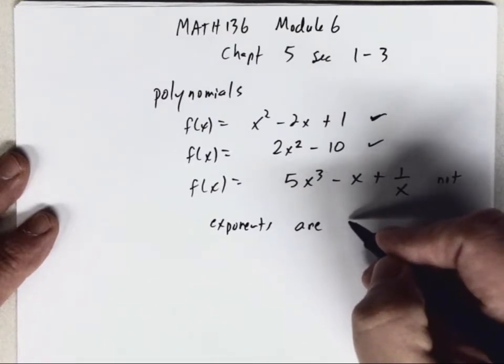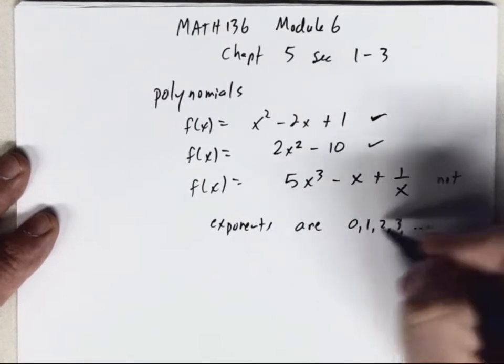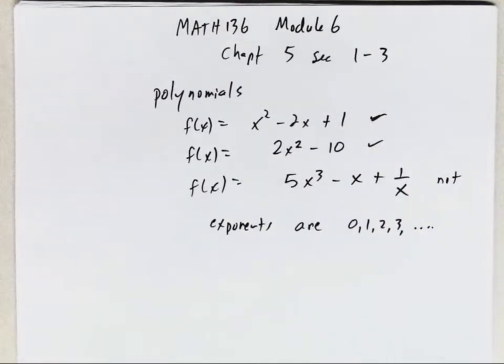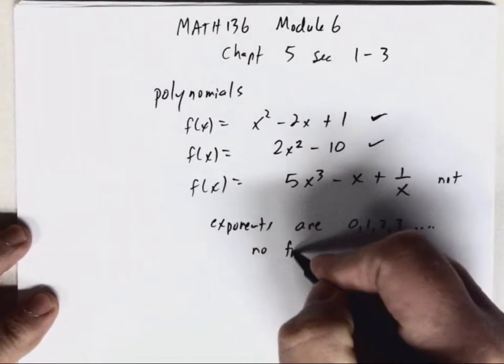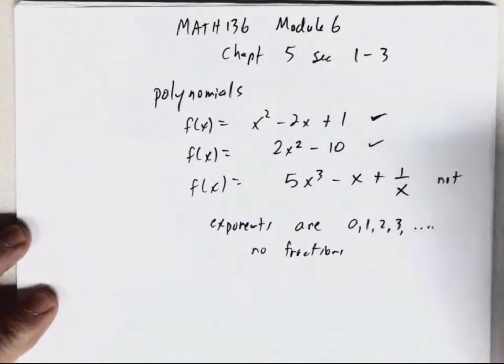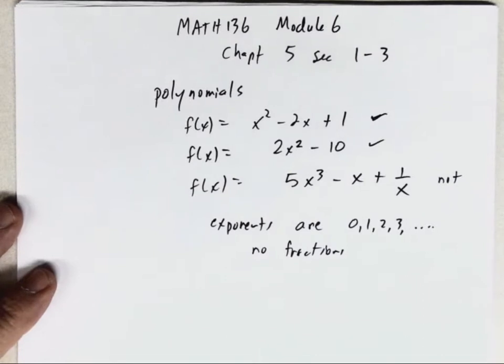For example, exponents are 0, 1, 2, 3, almost like counting numbers. That's really the whole key to whether something's a polynomial or not. Once again, no fractions are involved as this goes.